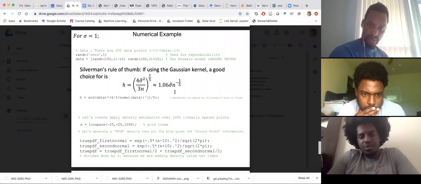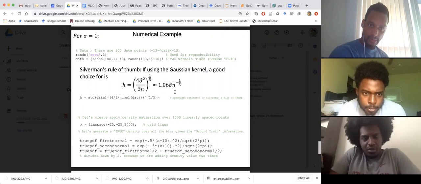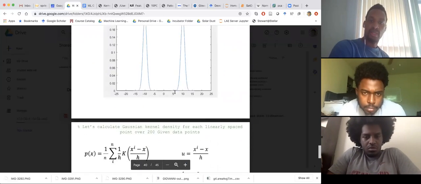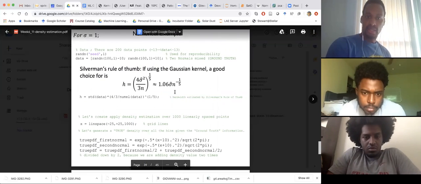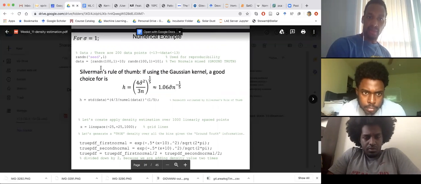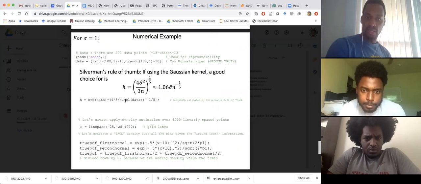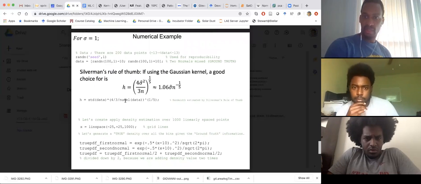Because the example above was like multi-dimensional. No, it's the number of data points, because go up in the code, it says numel data, right? And when you're calculating H, yeah. I think numel gives you the number of points, right? Yeah, I think you're right. Oh, okay.